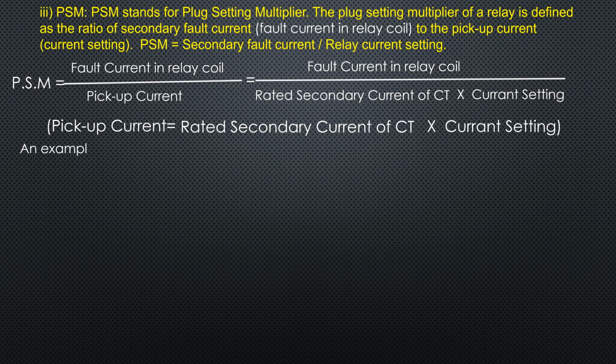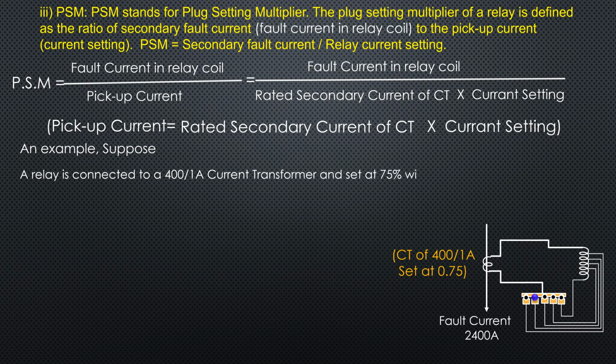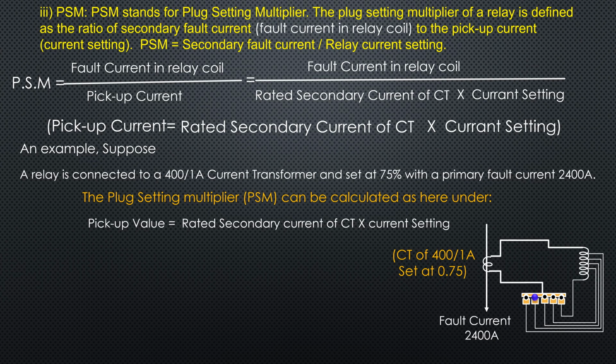As example, suppose a relay is connected to a 400 by 1 ampere CT and set at 75% with primary fault current of 2400 ampere. Then the plug setting multiplier can be calculated as hereunder. Pickup value is equal to rated secondary current into current setting is equal to 1 into 0.75 is equal to 0.75.